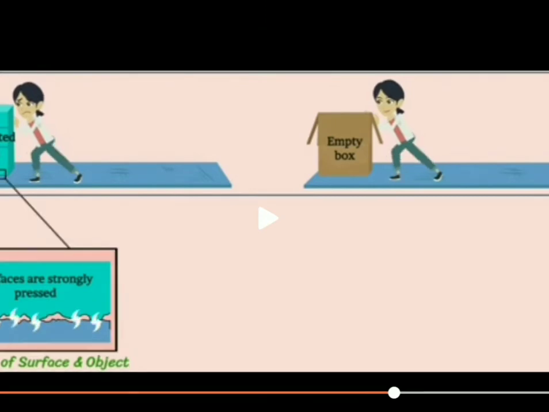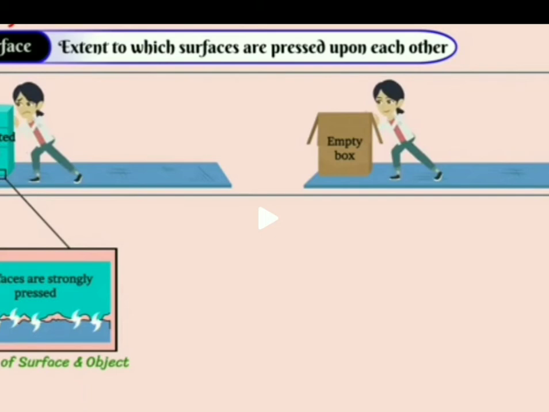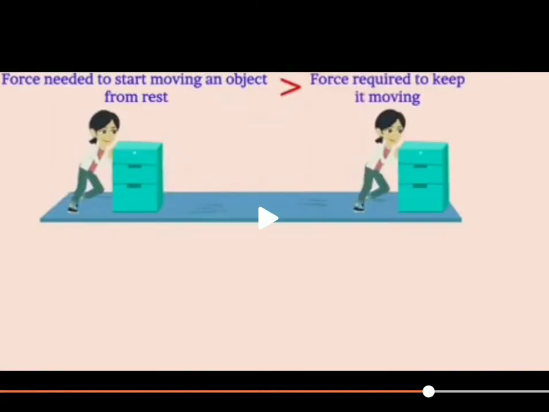For the object which has more weight, can you see the interlocking? The interlock will be more, and that is why it is very difficult for you to push a weighed box or weighed object. Whereas an empty box will have fewer irregularities.